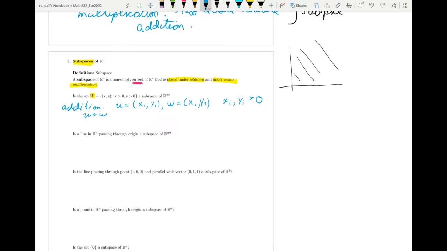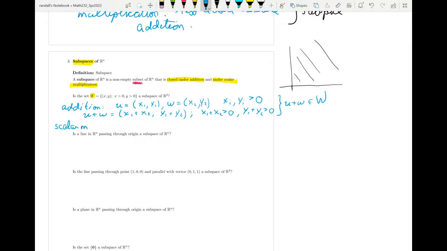Then u plus w has components x1 plus x2 and y1 plus y2. And we see that because x1 and x2 are both positive, this sum is positive, and y1 plus y2 is also positive. So this is in the set. Let's write that down here: u plus w is in the set. So it is closed under addition, but what about scalar multiplication?